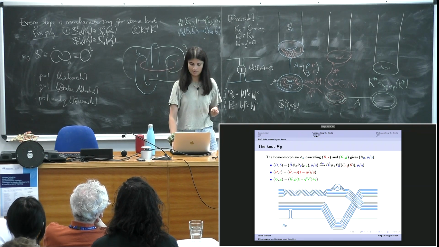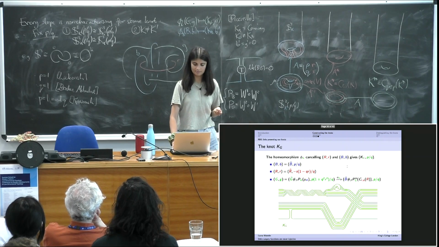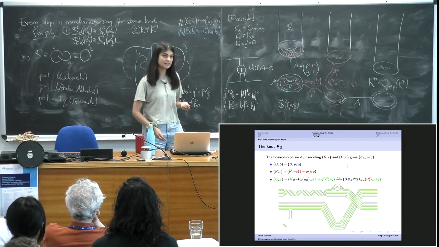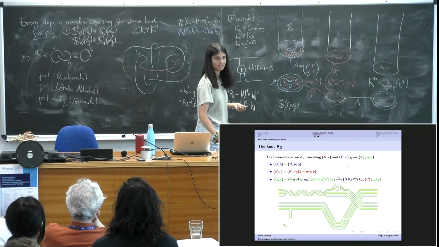So one of them has this PB, and one of them has this PG. So these are our two knots, which I claim are actually different.